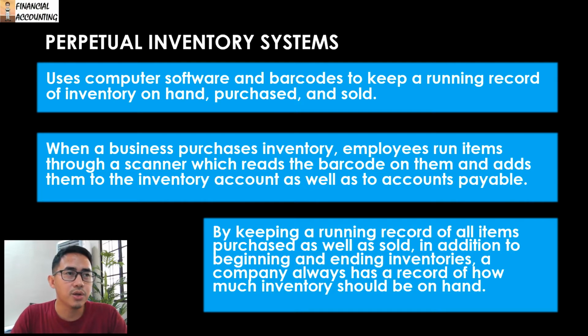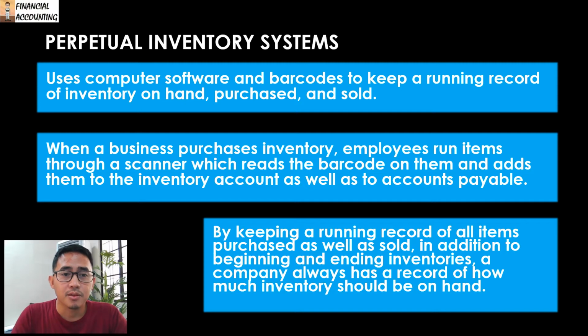But if your items in your computer are not the same as your items on hand, then probably there's something wrong. Probably it's in your recording, or there are unrecorded sales or unrecorded purchases, or the items were lost in the process. It might be stolen or it might be damaged.